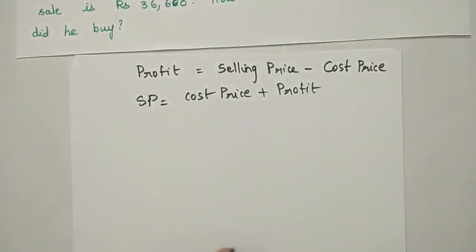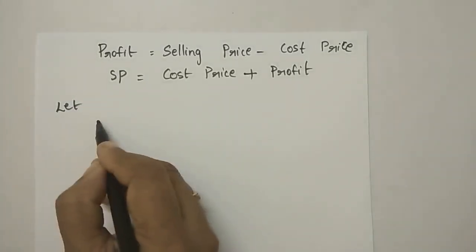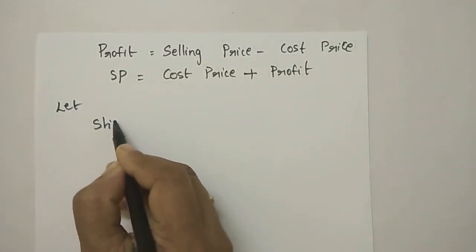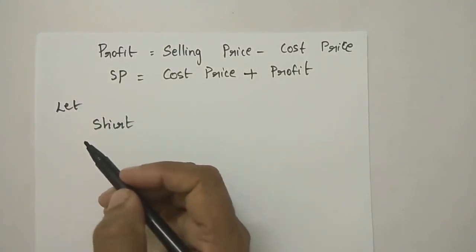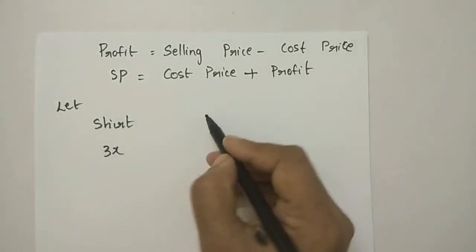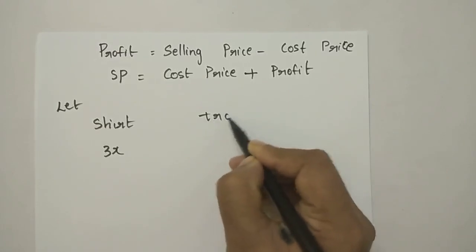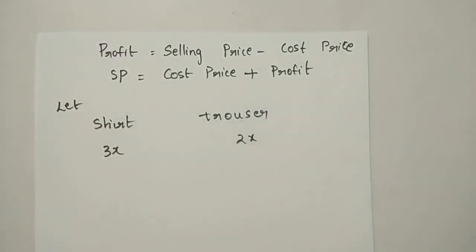Okay, let the material be x. Then for shirt, he bought 3 meters of shirt, means 3x, is it not? And he bought 2 meters of trousers, means 2x, is it not?